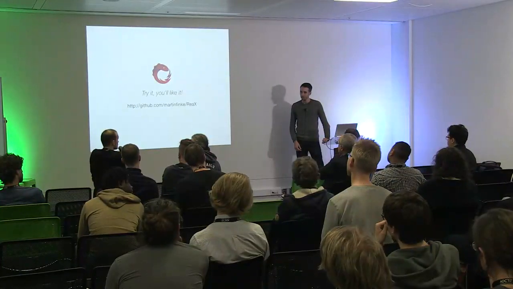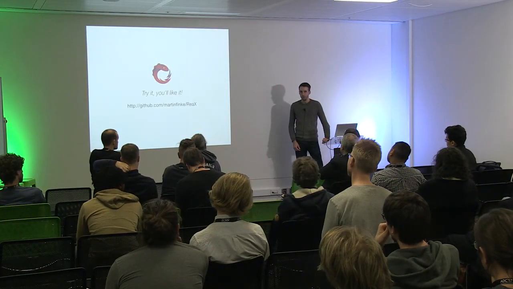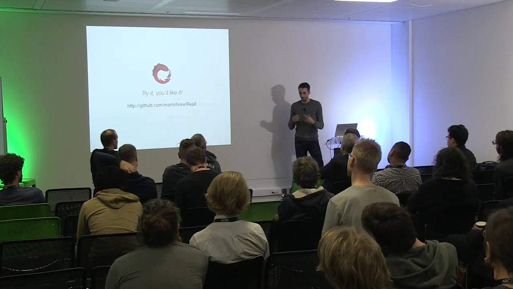I have a question. Can you use it for lists and collections and stuff like that? So you mean you have a list and you want to iterate over the list? What I mean is you have, let's say, an observable list of objects. Yes. There are no limitations on the type you have in your observable other than it has to be copy or move constructible, I think. So it works for pretty much any type. It could be a list of a list of a list of something.